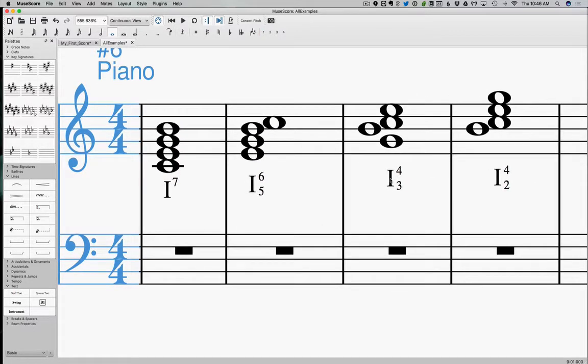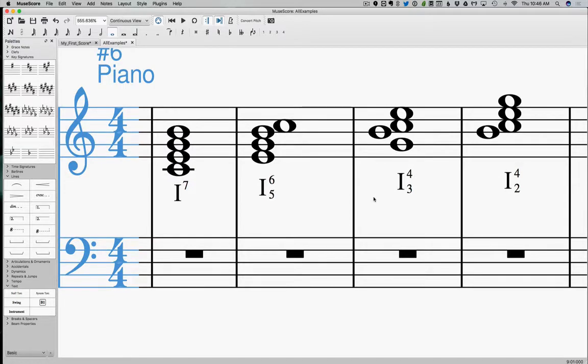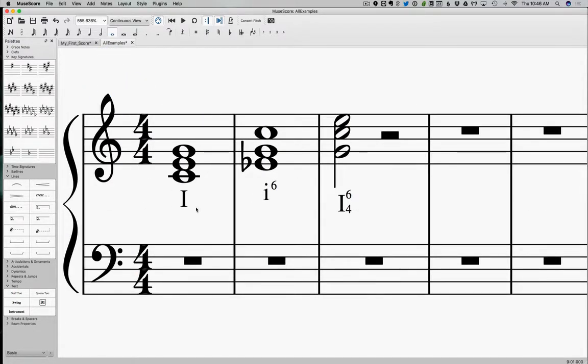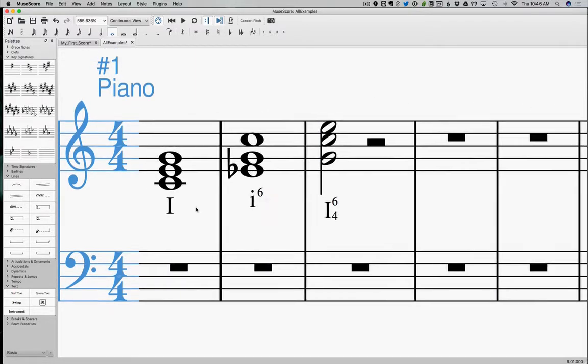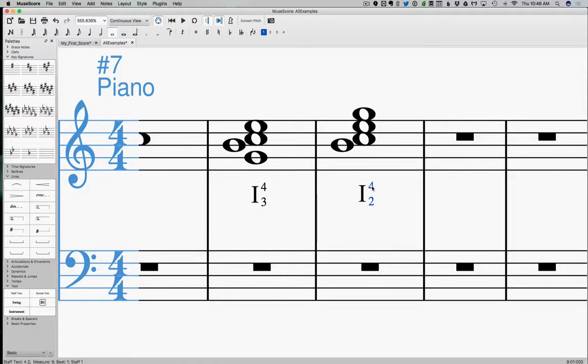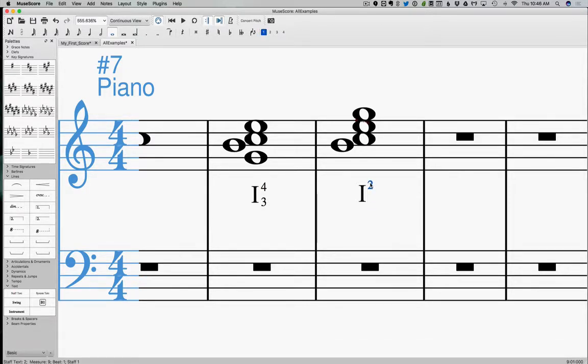And what's interesting here is that this is the only inversion that has a 2 in it, right? 4, 3, 6, 5, 7, 6, 4, 6, and nothing. Even this, nothing, would be 5, 3. So no other inversion has a 2 in it. So for shorthand, why not just use that 2?